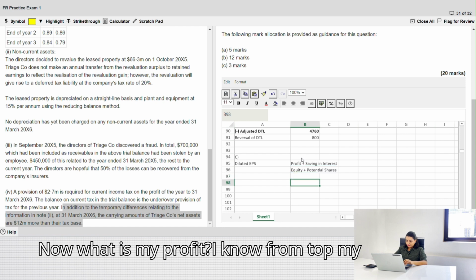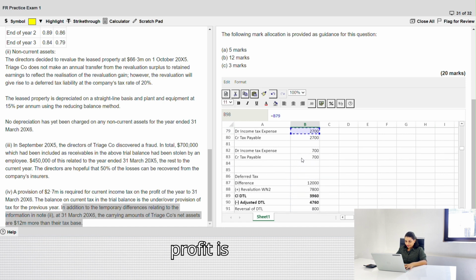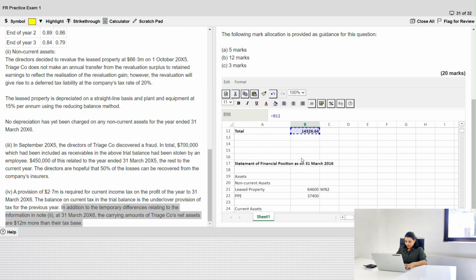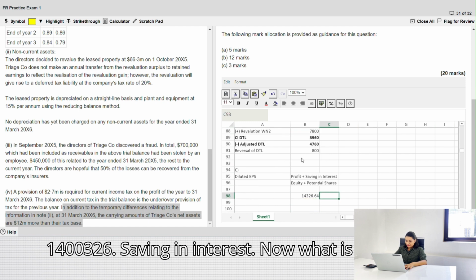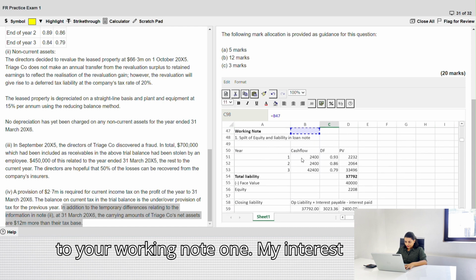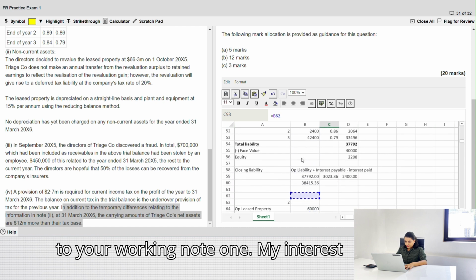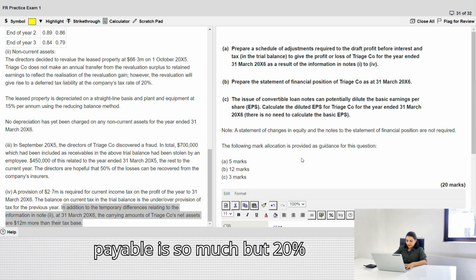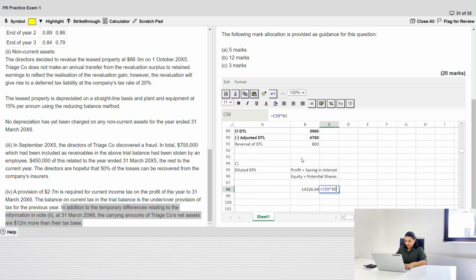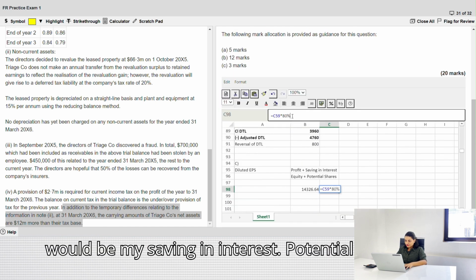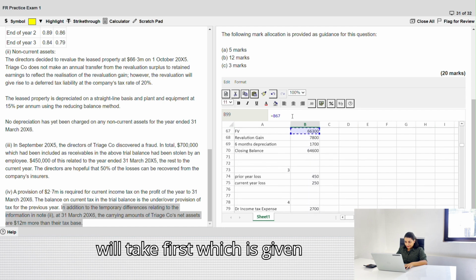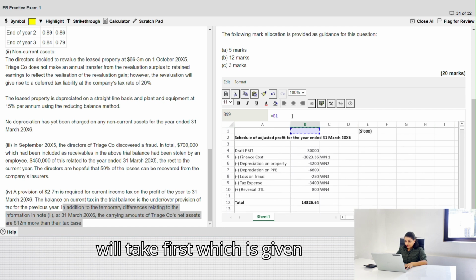Now what is my profit? I know from top my profit is 14,326. Saving in interest: what is my interest expense for the year? Go back to your working note 1. My interest payable is so much, but 20% I am saving on tax, so only 80% would be my saving in interest.